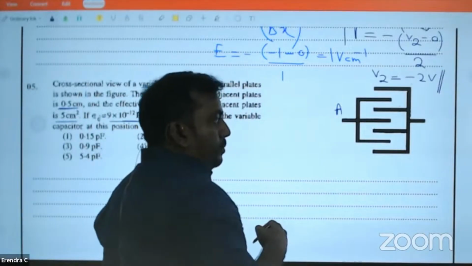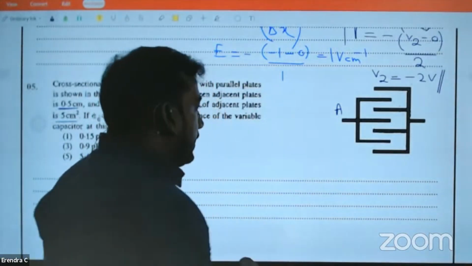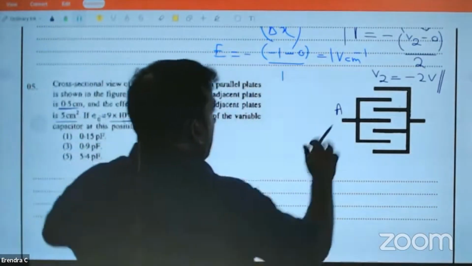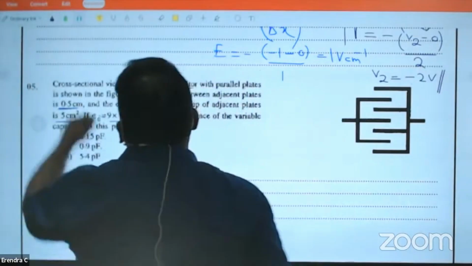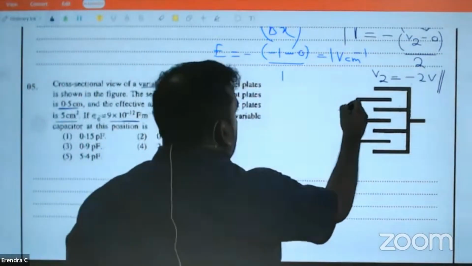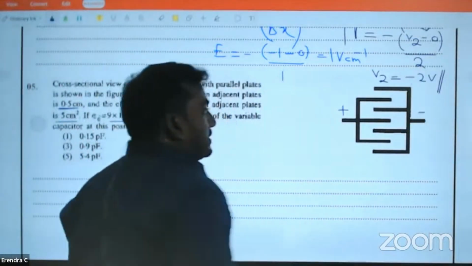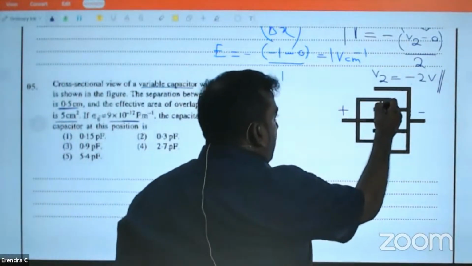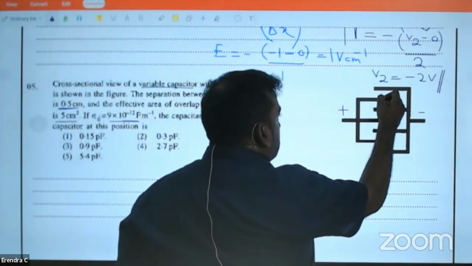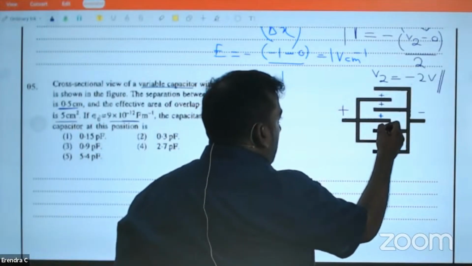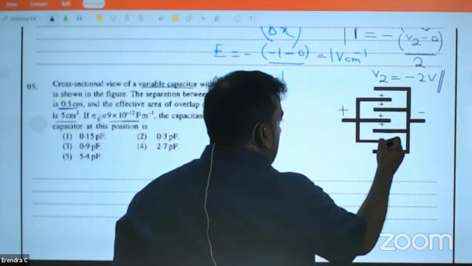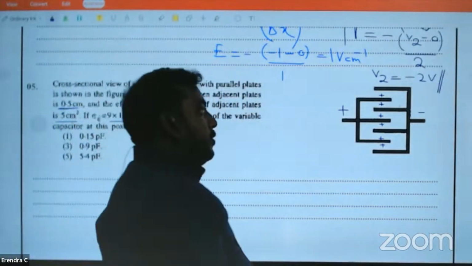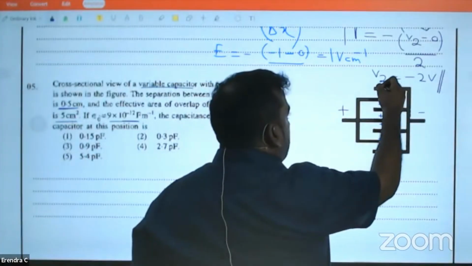Some people like to put plus and minus. I'll also put plus and minus, easy enough for all. We'll take this as the plus, we'll take this as the minus. Plus means all these plates are plus. So here also plus, here also plus, here also plus. If you take minus, these are all minus plates. Here also minus.